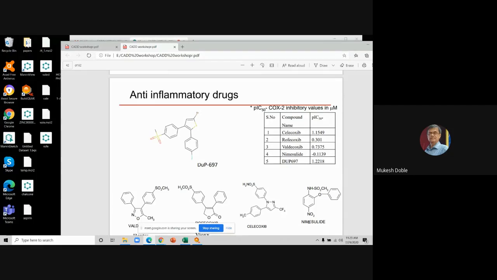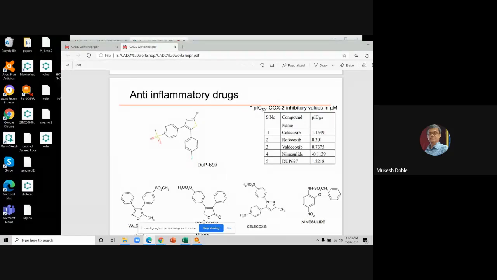Like I said, with 5 data points, you should not go for a very large number of descriptors. 2 descriptors is not a good idea. Okay, so we will do that. That is how the workflow happens.